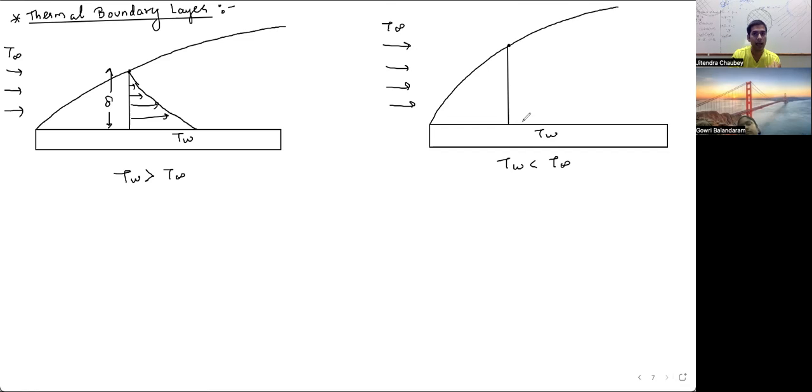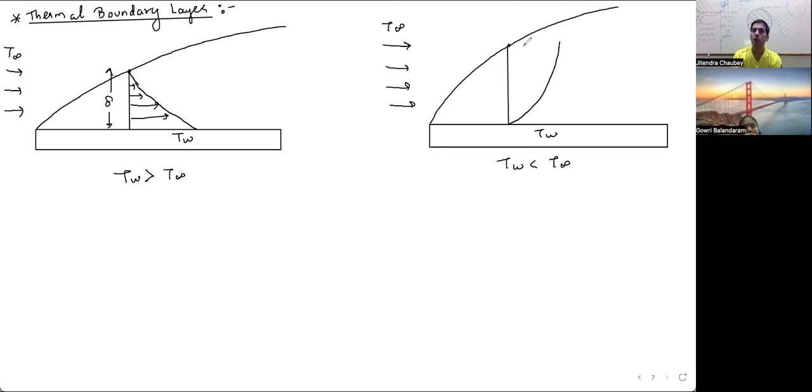So what will happen is that at the surface the temperature would be least, and eventually when you go upward, you will see that the temperature of the fluid is rising. So you can say that over here the surface was increasing the temperature of the fluid, whereas over here the surface is decreasing the temperature of the fluid.